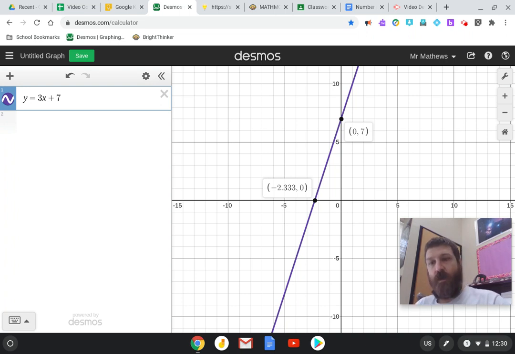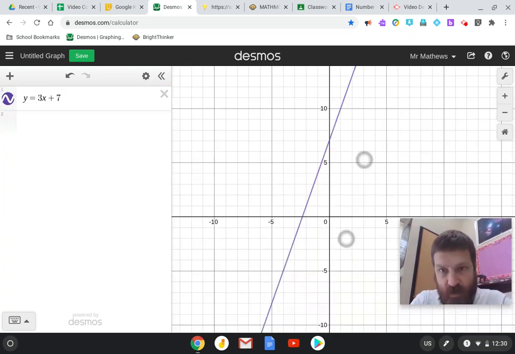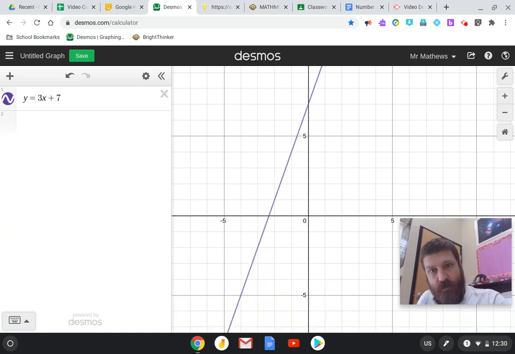How can I tell the slope from looking at this graph? Well, I'm going to zoom in a little bit. Let's zoom in. What I'm going to do is talk about how we find the slope of a line. You see right here and right here, the line crosses at an exact point.